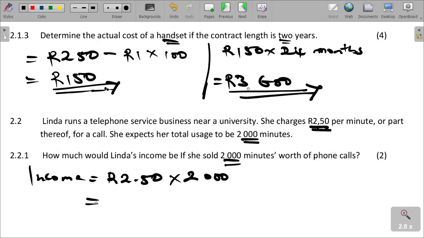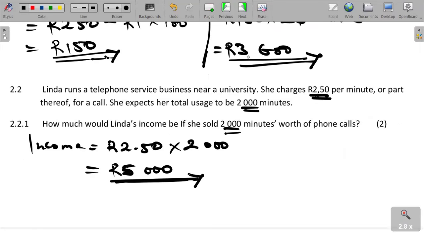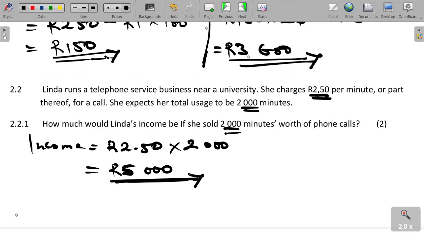We multiply it through, and that's going to give us 5,000. 5,000 will be the income that Linda can make if she sells 2,000 minutes. If 1 minute is R2.50, it's a direct mathematical question that we are to work there. Our next question.